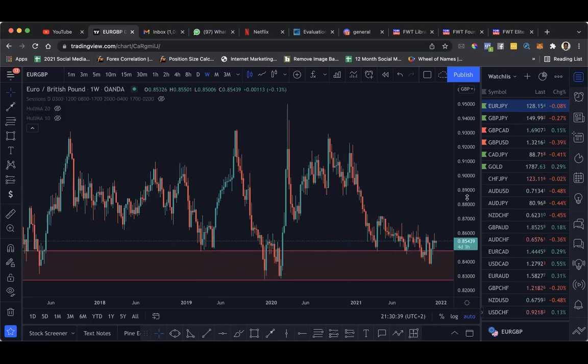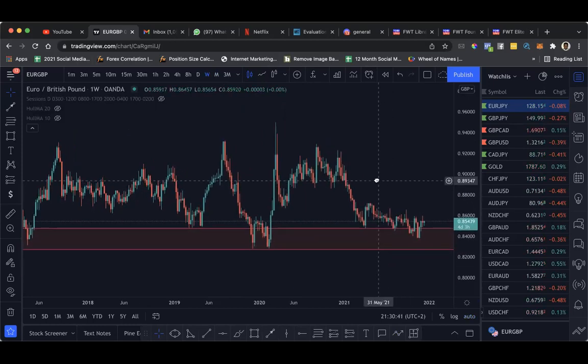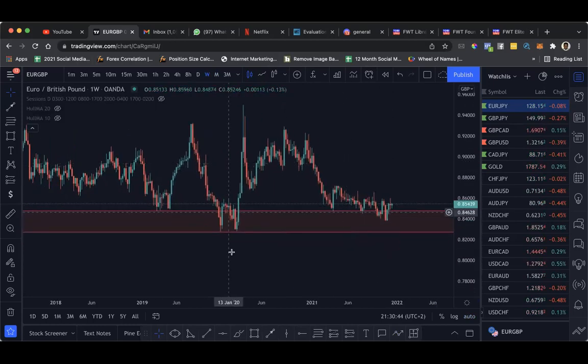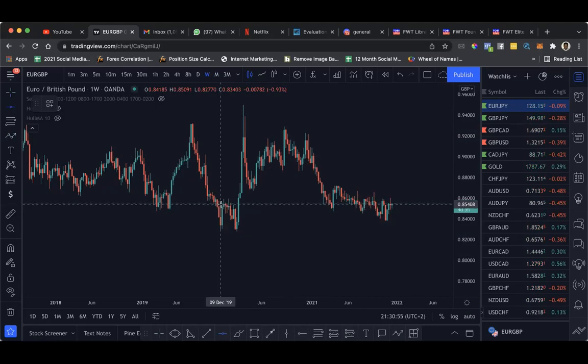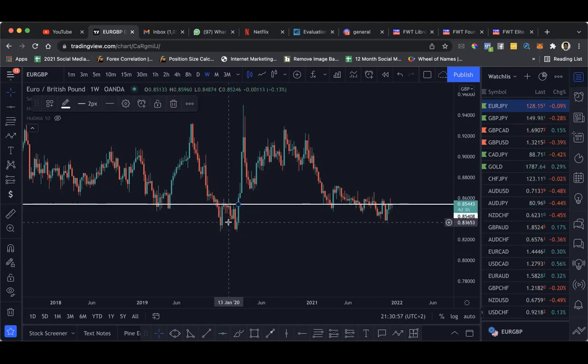okay, weekly chart also gives us pretty much the same. You can see this move here. Okay, this is a break of structure. And then this is a demand zone here.